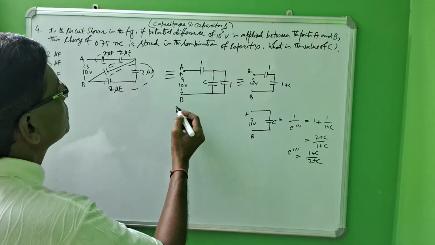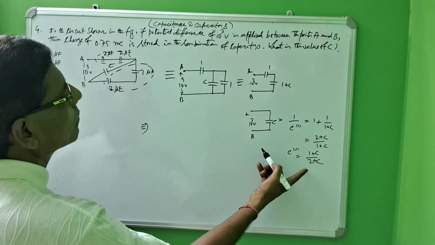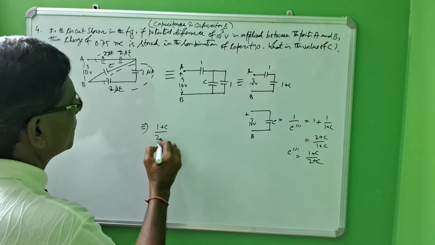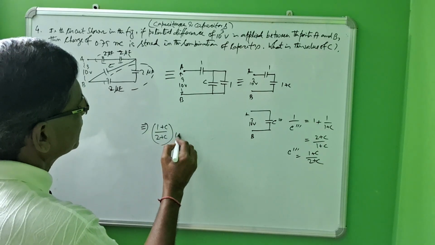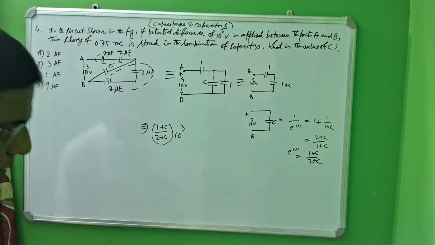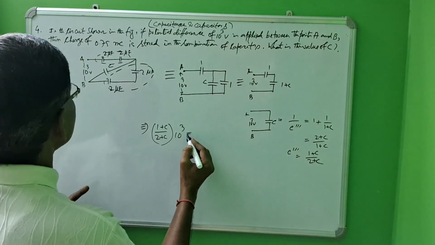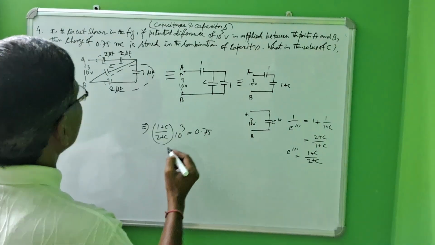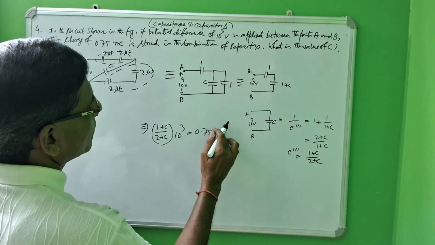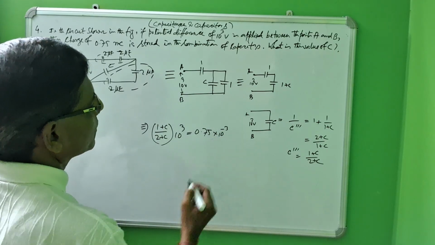Now, according to the problem, 1 plus C upon 2 plus C whole into 10 cube. This is the charge of the equivalent capacitance. This is given as 0.75 millicoulomb, means 10 to the power minus 3 coulomb.